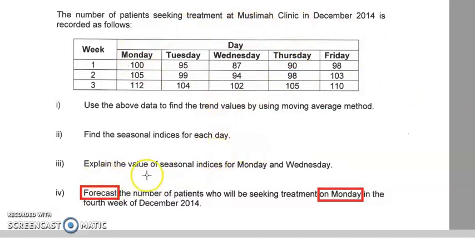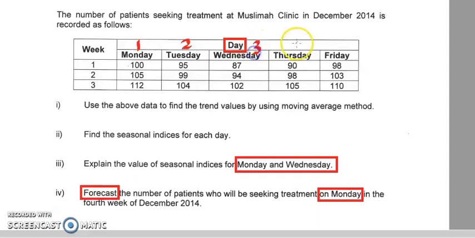Or you also can refer here in calculating seasonal indices. It asks you to calculate seasonal indices for Monday and Wednesday. So meaning to say that it is based on daily basis. Okay. So look at the number of days that we had: 1, 2, 3, 4, 5.